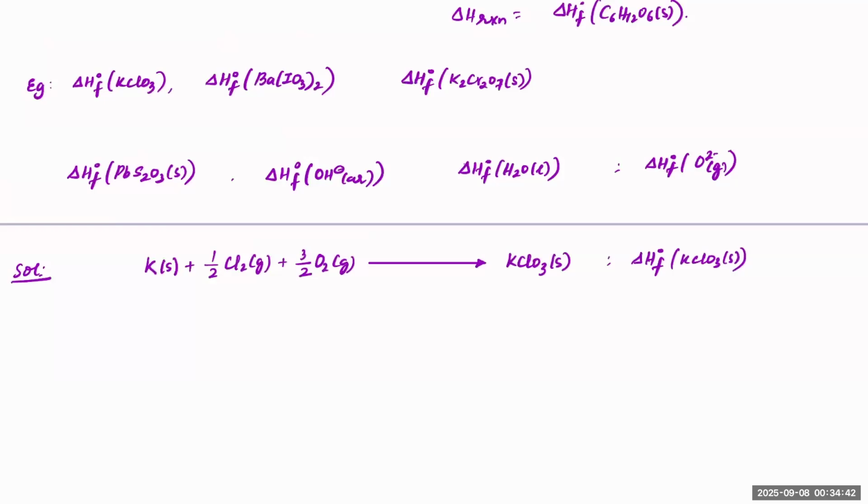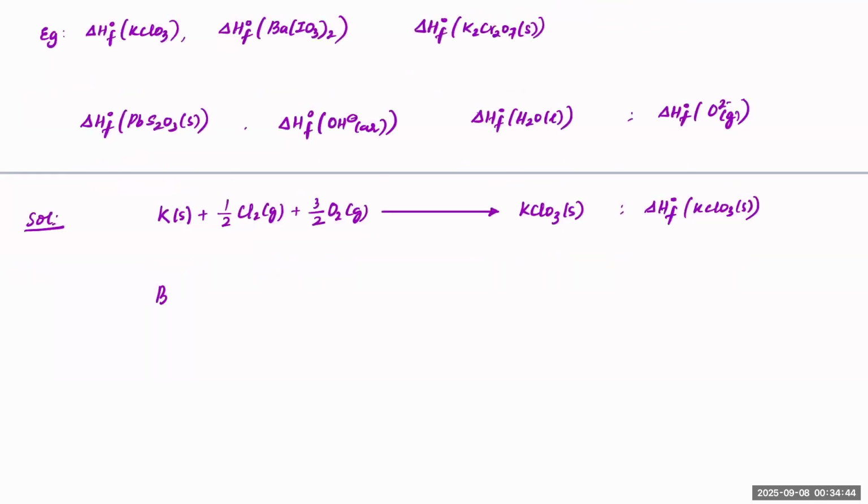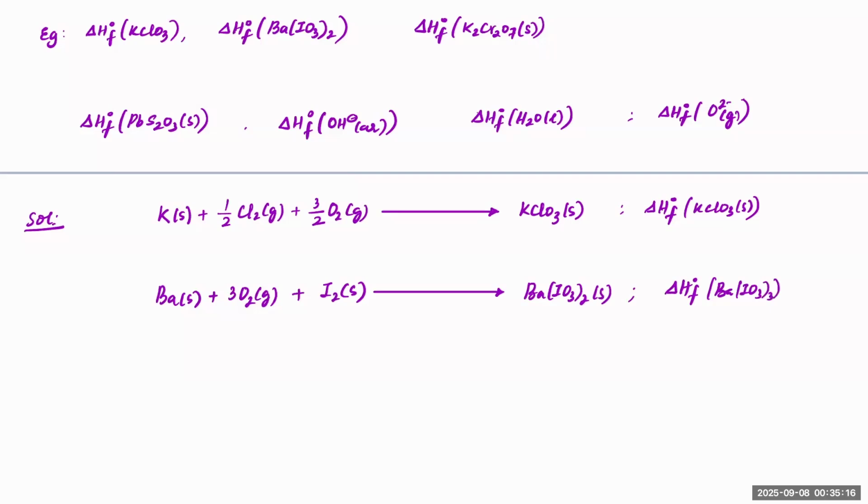Second one, barium in solid state plus 3 moles of O2 in gaseous state plus 1 mole of I2 in solid state, giving Ba(IO3)2 solid. This will be delta H of formation of barium iodate solid.